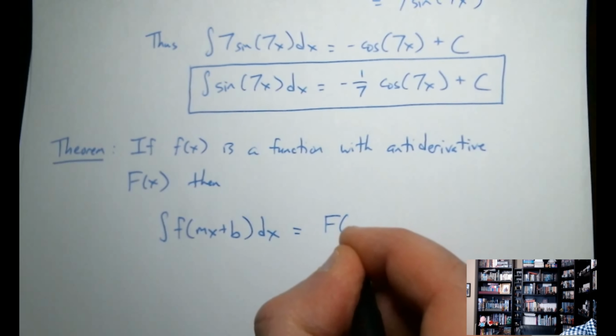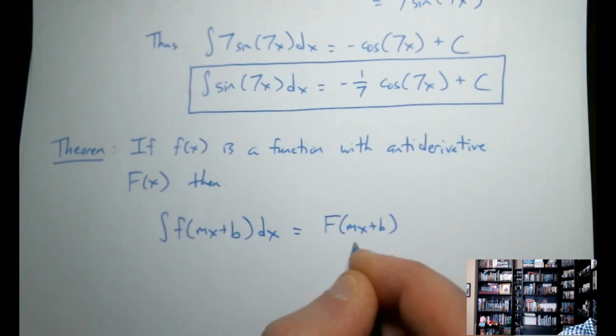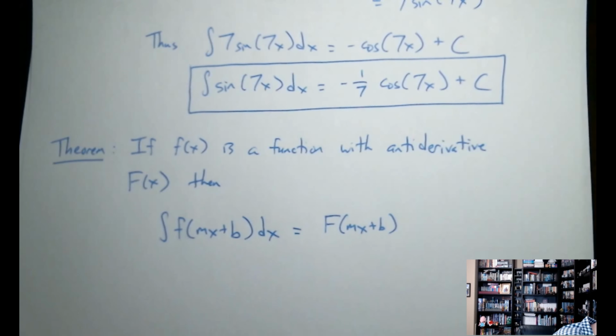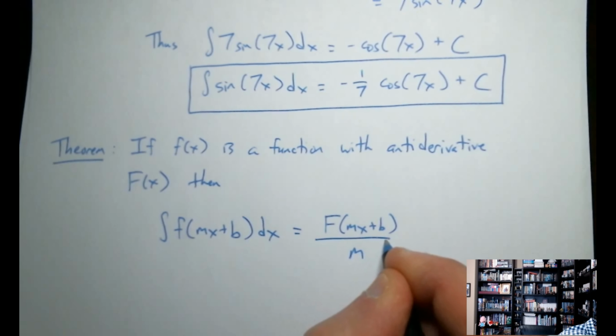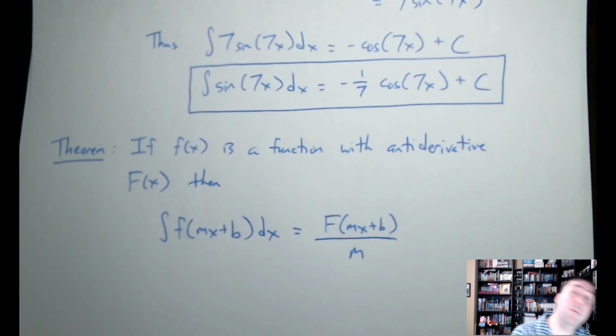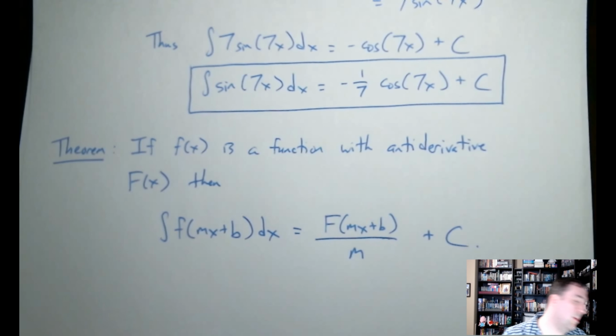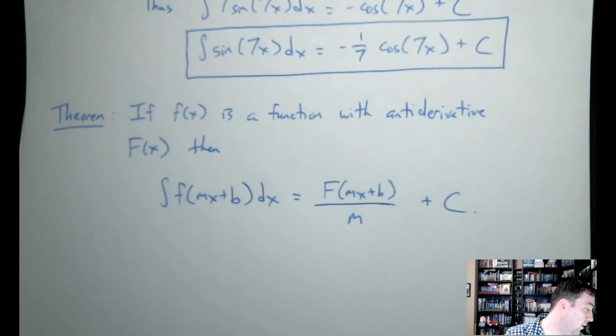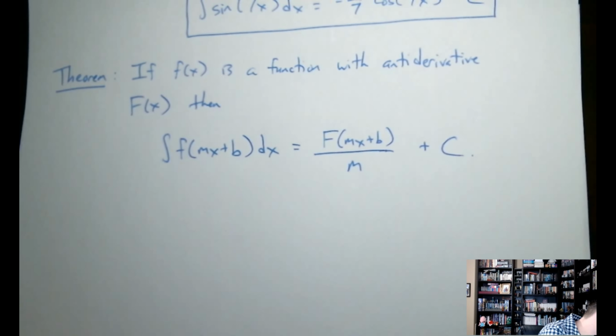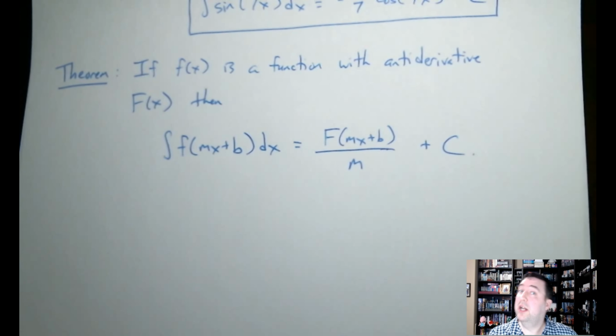It's capital F of mx plus b, but we have to account for that m. So we divide whatever that expression is by the constant m, and of course, we remember to add on our constant of integration. And for linear composition, that will always work. So we don't need to go through this process of guessing and checking and adjusting. If we've got a common integral, but with a linear composition, now we know the pattern.